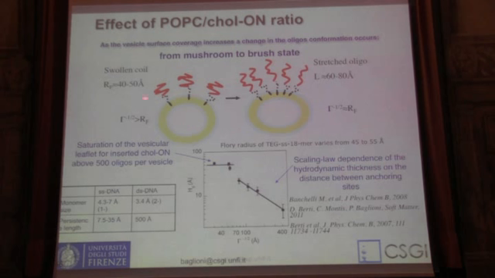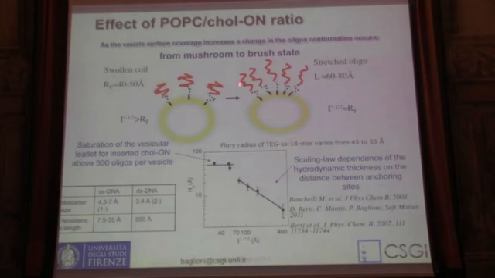What we discovered is something very interesting, because you have a transition according to the number of DNA strands you have per liposome, according to the surface area available for DNA. And this transition follows a well-known scaling law proposed by Pierre-Gilles de Gennes. Basically, when you reach the Flory radius, you change the conformation of DNA.